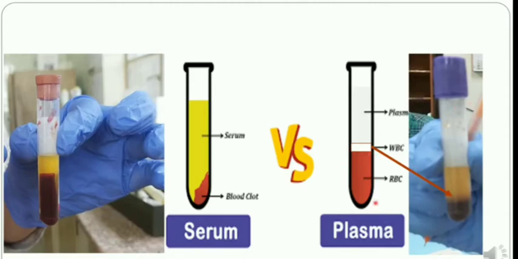On the other hand, in plasma there will be no clotting because we have added an anti-clotting factor in it. For example, in a vacutainer containing a purple cap, there is EDTA. EDTA will not allow the blood to clot by chelating the calcium, and so it will be divided into 3 layers.